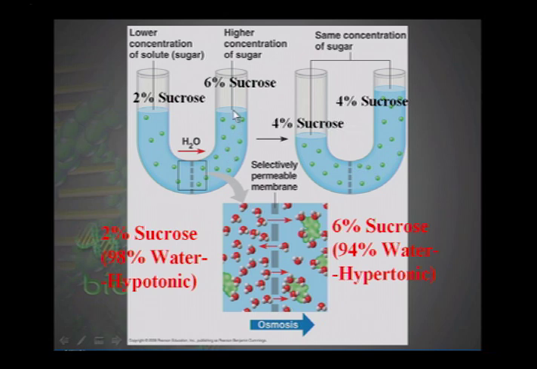The 6% sucrose solution has a greater solute concentration, and this is the hypertonic solution. The 2% sucrose solution has a lesser solute concentration, and this is the hypotonic solution. Now, the other side of the coin: if this is 2% sucrose, it's 98% water. If this is 6% sucrose, it's 94% water.